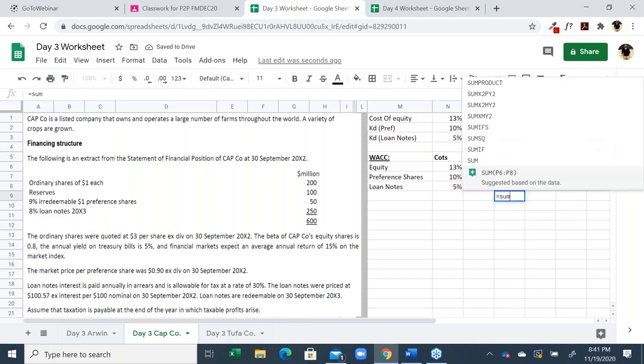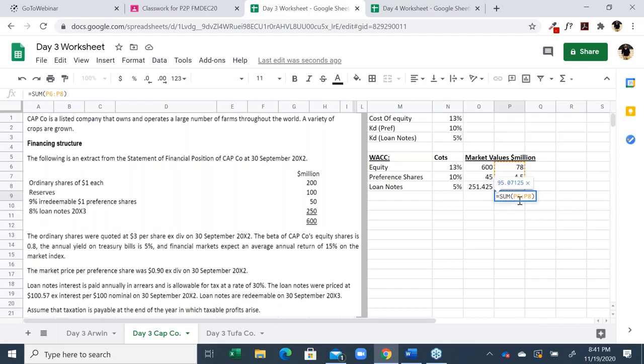And the total that we will be paying will be the total of these three, and that's 95.07.